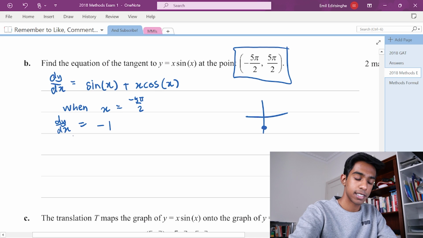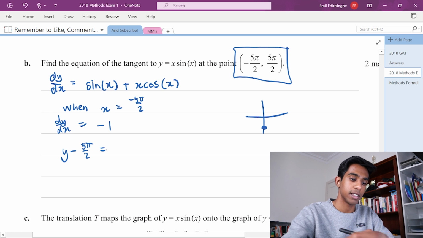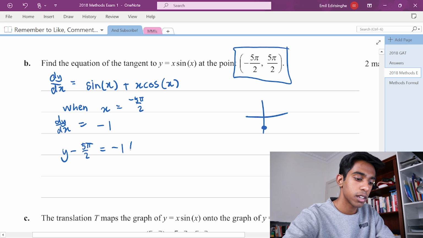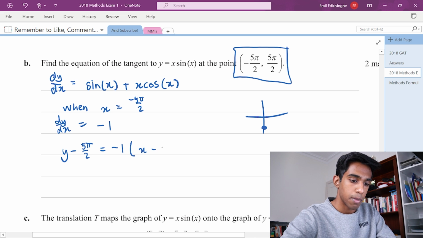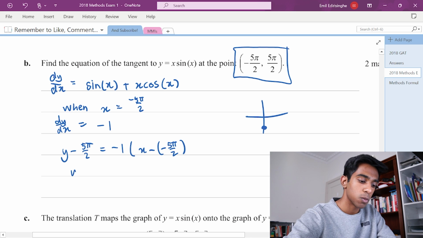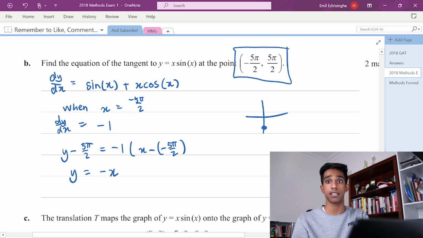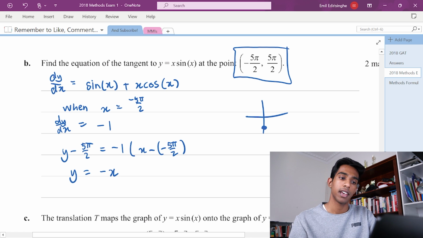So we're looking at y minus 5 pi on 2. I'm just using the equation that we use to find tangents. So negative 1 times x minus, x minus negative 5 pi on 2. And this will give us y is equal to negative x. And that's the equation of the tangent at that point.